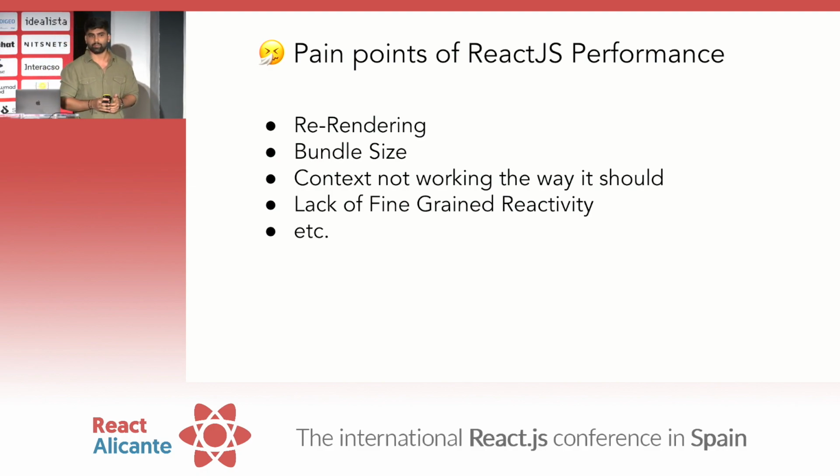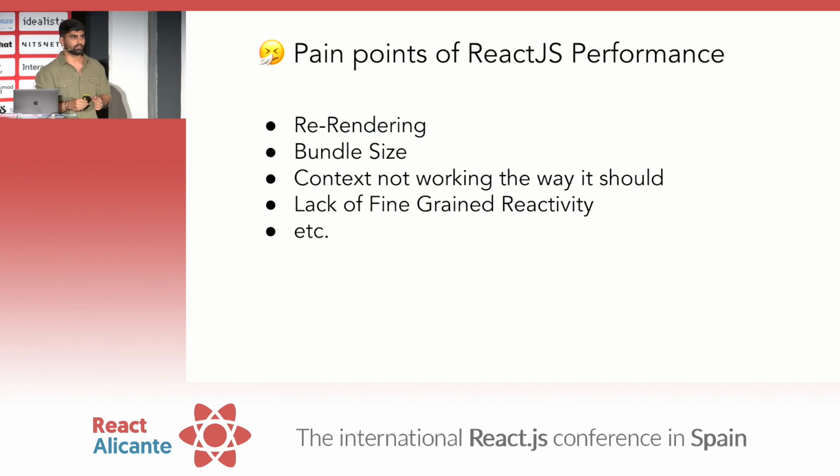As a React.js application grows a lot, the bundle size also grows. And if you're optimizing your web application for good network bandwidth, then it can cause some problem. Third one is context is not working the way it should.